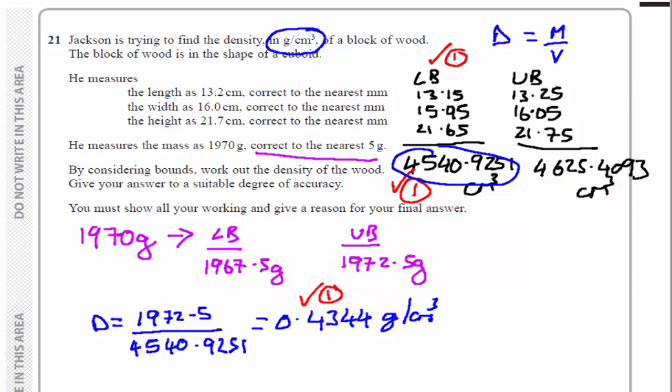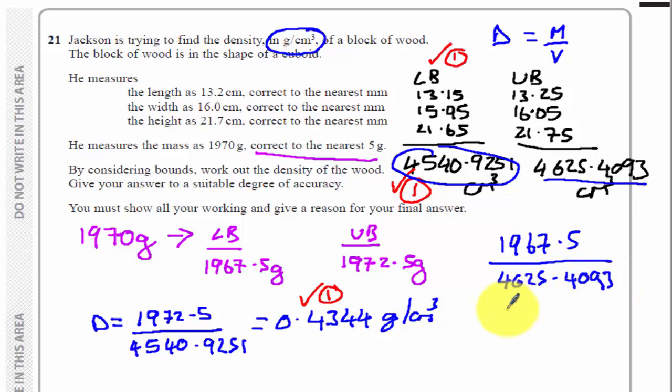I'm going to do the same, but I'm now going to try and get the minimum possible density. So the minimum possible density will be the lowest bound for the mass, 1967.5, divided by the maximum volume, 4625.4093.